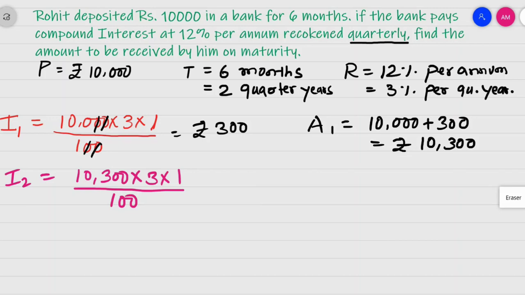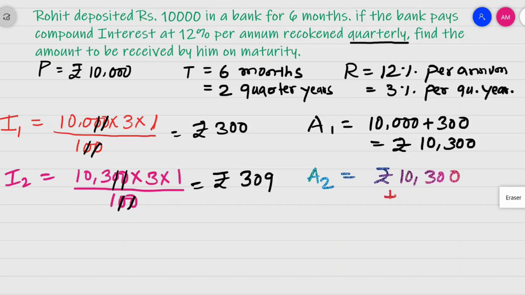So again cancel these two zeros. 103 into 3, this will be equal to 309. So amount after the second quarter year will be rupees 10,300 plus 309. So it will be rupees 10,609.